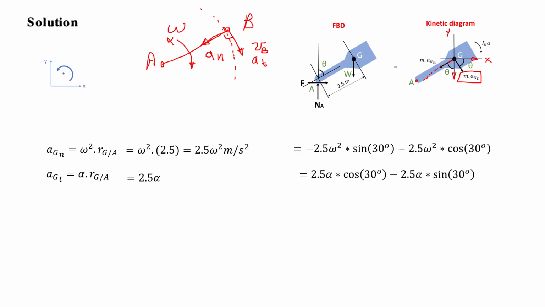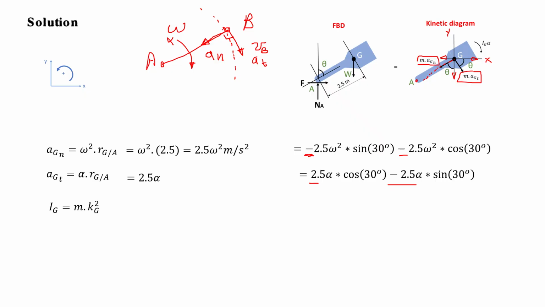The same thing for this acceleration, which can go to the left horizontally and downward vertically. So simply the sine and the cosine, and we put the signs to show you that these two components for the normal are going to go downwards and to the left, and for the tangential are going to go to the right. Let's make it positive here, and downward we're going to make a negative value.